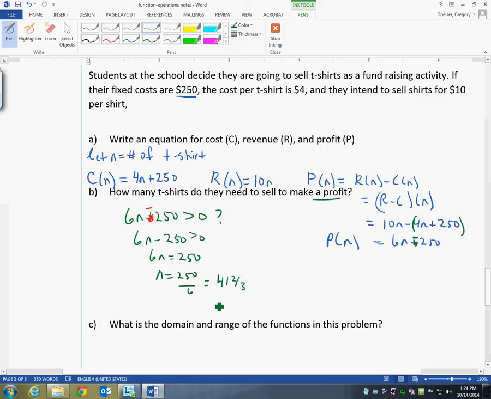No, you can't. So to make a profit, you're going to have to sell at least 42 t-shirts. Okay, which tells me a little bit about the domain and the range of the functions in this problem. So this last decision that I made about, hey, I can't have 41 and 2/3 t-shirts, can I? I've got to have 42 t-shirts.